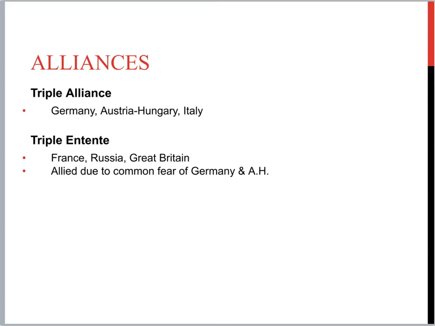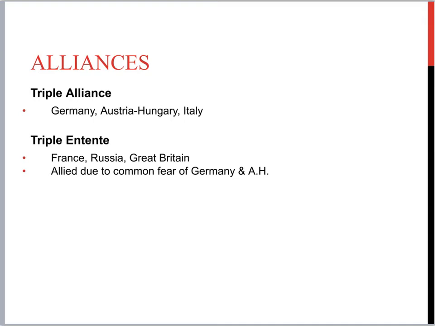Alliances, second thing. Basically, these countries divided up into groups. The idea was that countries alone may feel weakened, or they could be isolated and attacked, but if they entered into an alliance with friends, then they could be protected.